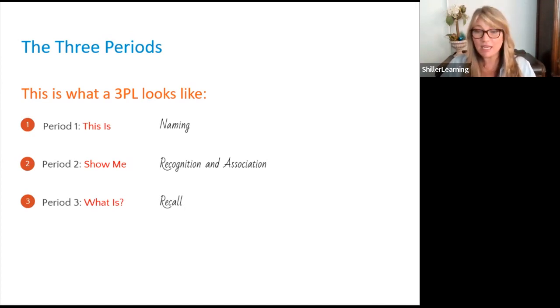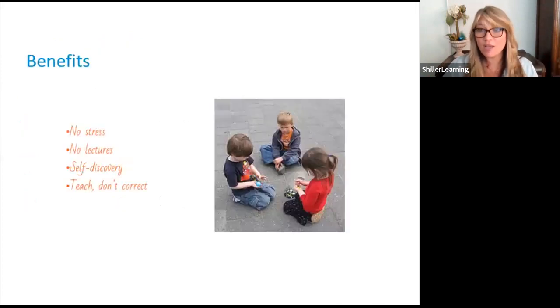So let's take a look in more detail at each of those 3 periods to understand how each period builds upon the previous, as your child is going to learn, absorb, consolidate, and then be able to apply new information and new skills, regardless of what type of learner that they are.